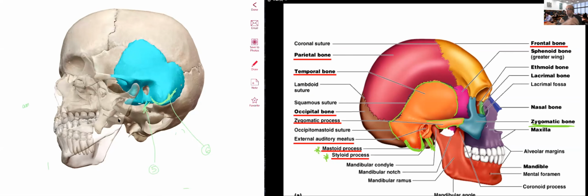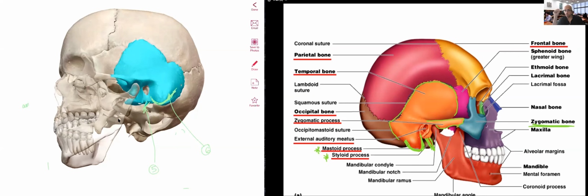Which one is styloid, 5 or 6? Styloid, 5. And which one is mastoid? Mastoid is going to be number 6. Those are questions number 5 and 6 for today's in-class activity, so please add those to your assignment.